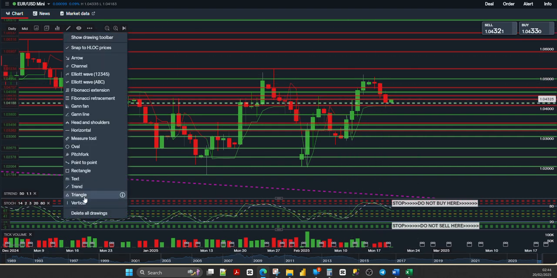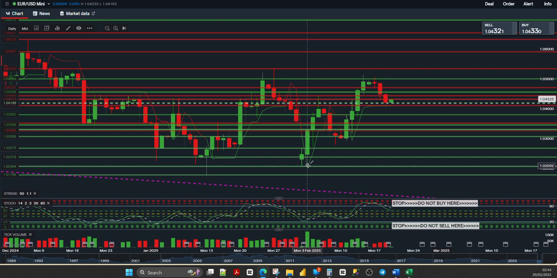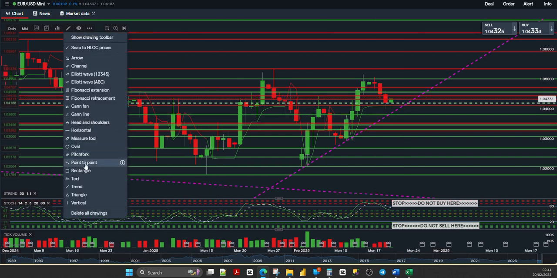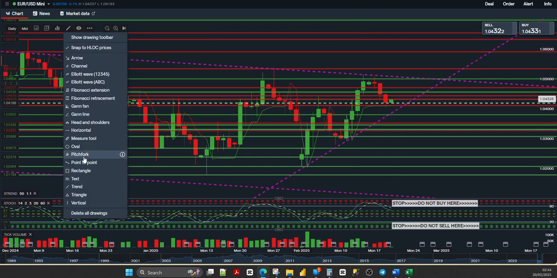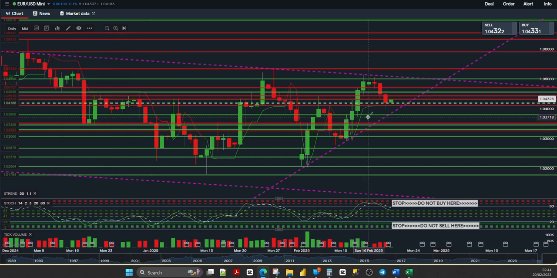If I were to draw a trend line, we'll take it from here to here. And that means that somewhere in between this line, which is why it is green, there should be a bounce. And if we take a trend line from here to here, it broke it and fell through. If we take another trend line from here to here, you can see why we're struggling with that direction at the moment.